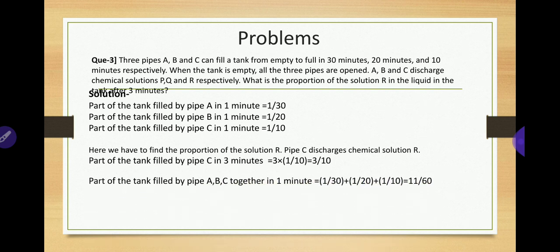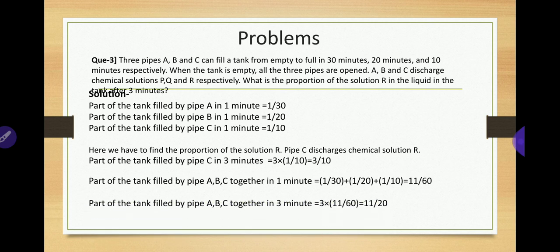And its proportion is asked with respect to the solution filled by all three pipes. That is nothing but 1 upon 30 plus 1 upon 20 plus 1 upon 10, that is 11 by 60 part will be filled by all three pipes together in 1 minute. But we have been asked to find with respect to 3 minutes. Therefore, multiply it by 3.